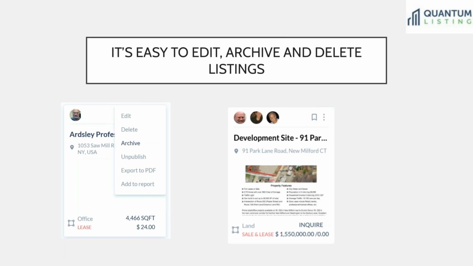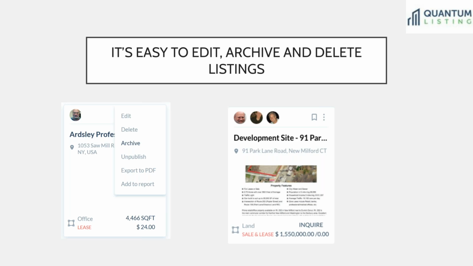Edit, you can easily edit and archive and delete the listings, unpublish them. Also, sometimes I see people will add a listing but not publish it initially because they're still waiting to finish up any paperwork with the seller or owner of the property. And then when they get it signed, then they hit publish and it's ready to go.